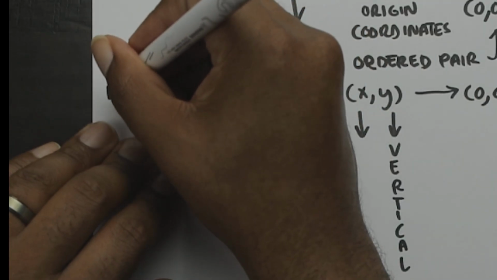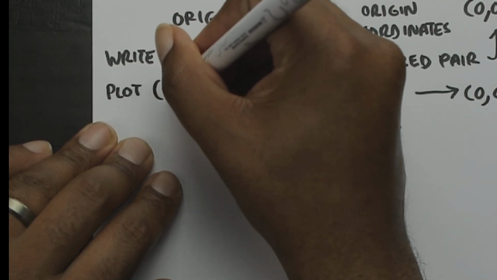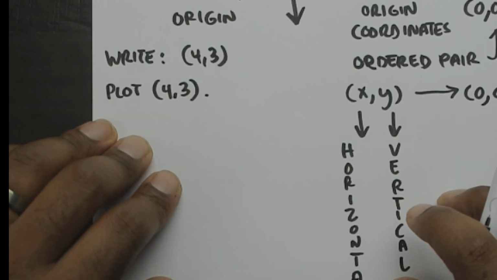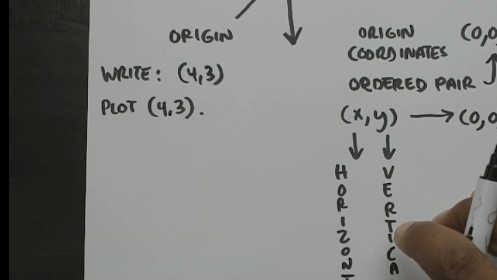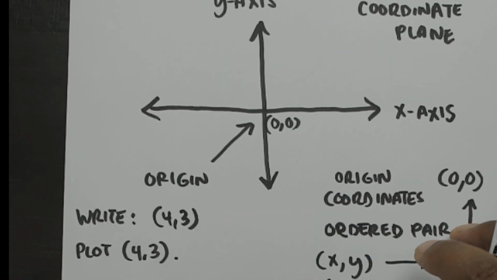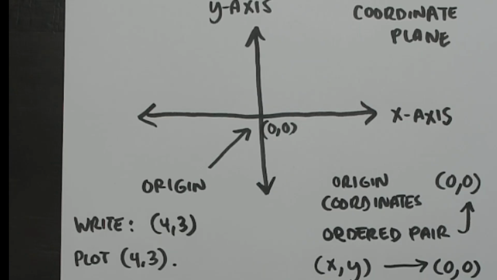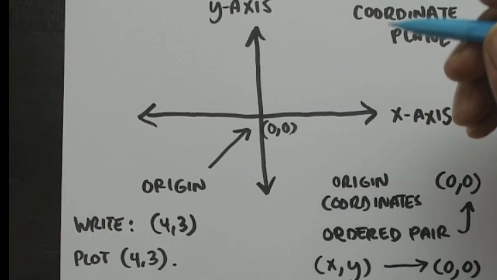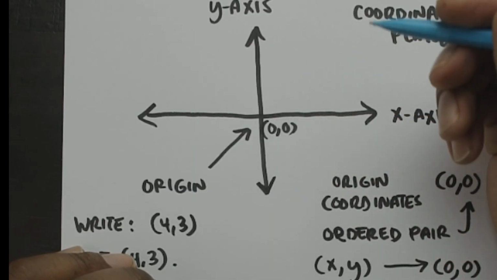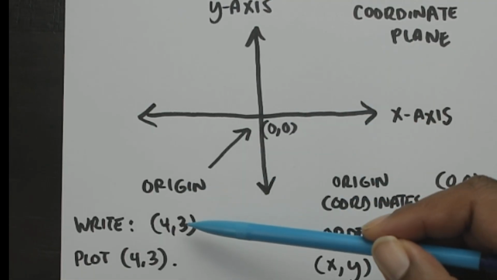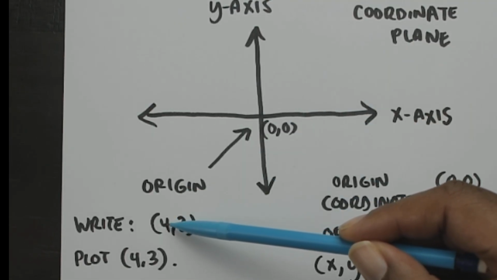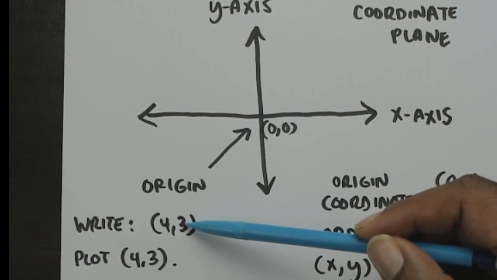So if the directions say plot 4, 3, we're going to take that concept up to our coordinate plane here, and we're going to plot that, right? So I'm going to use, hope you can see this on here, highlighter to kind of show you. Matter of fact, let's use a pencil first. So the first thing you want to do, the first coordinate is a 4. And remember, this tells you how many units to travel horizontally. This tells you how many units to travel vertically.